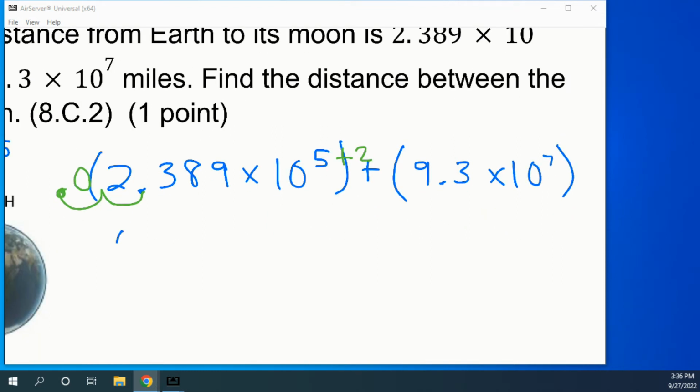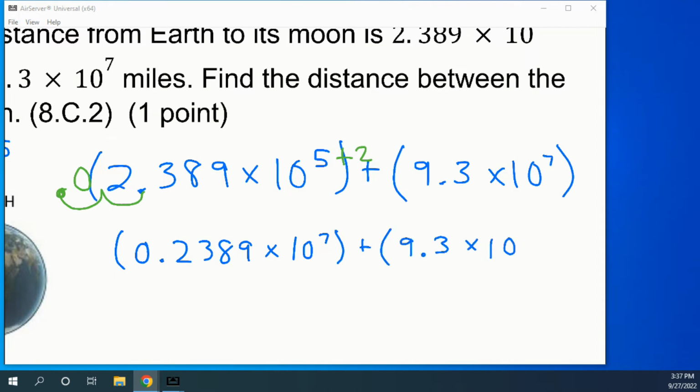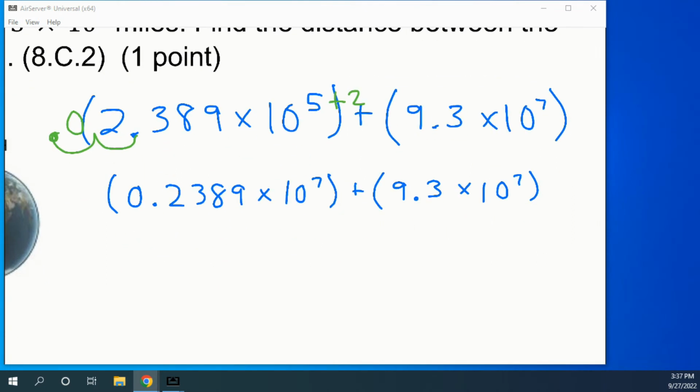Now, 0.2389 times 10 to the 7th plus 9.3 times 10 to the 7th. We can add these up now. I know that my sum here is going to end up with something times 10 to the 7th.